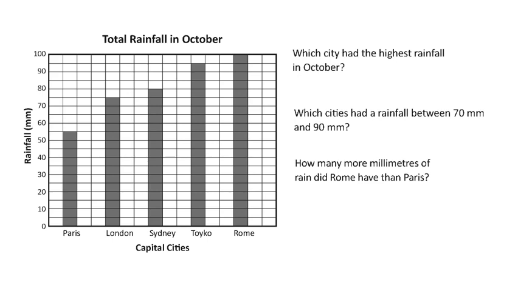The next question is a comparison question. Which cities had rainfall between 70 millimeter and 90 millimeter? So go back to the graph and have a look, and it can't be Paris because that's way below 70. And the 2 cities which had rainfall between 70 and 90 millimeter are London and Sydney.